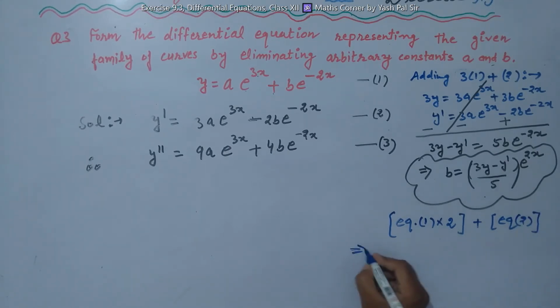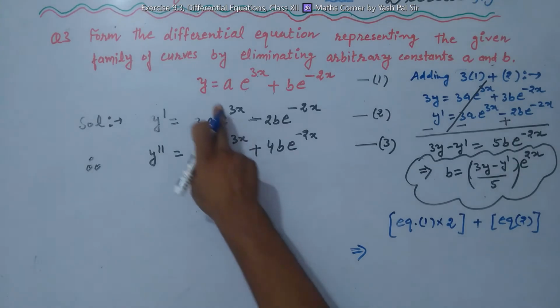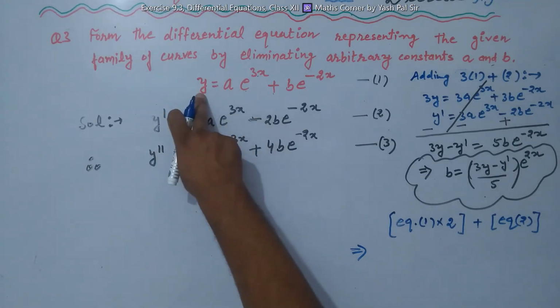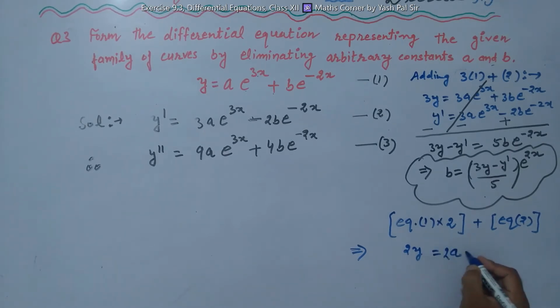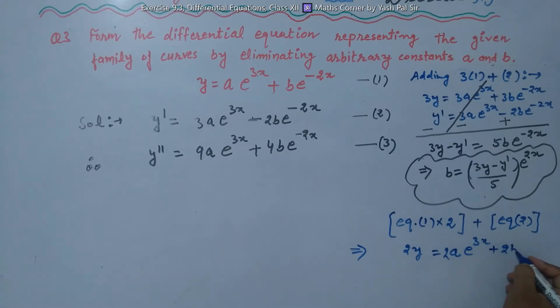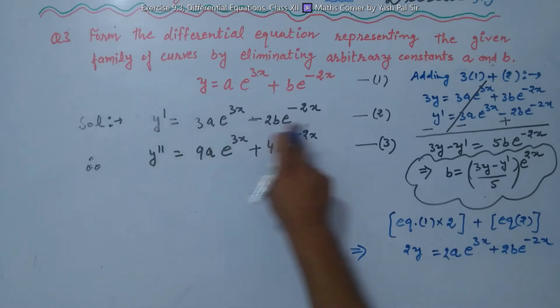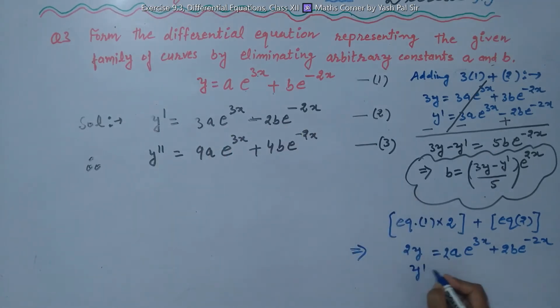Equation 1 multiplied with 2 gives 2y is equal to 2a e power 3x plus 2b e power minus 2x. Second equation as it is, y dash is equal to 3a e power 3x minus 2b e power minus 2x.